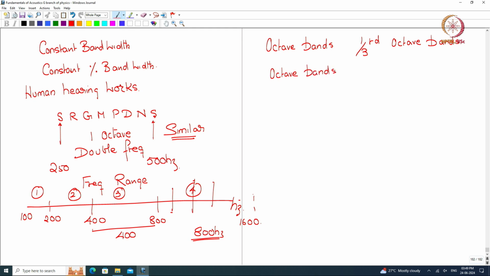If I have a center frequency, let us say f, as a center frequency, then the next center frequency will be twice that, and the next center frequency will be twice of that.